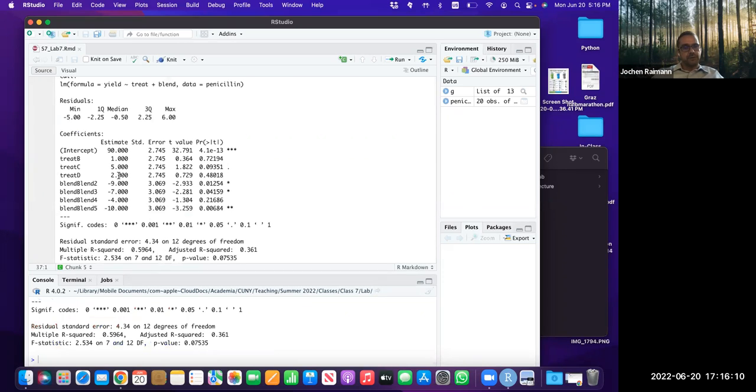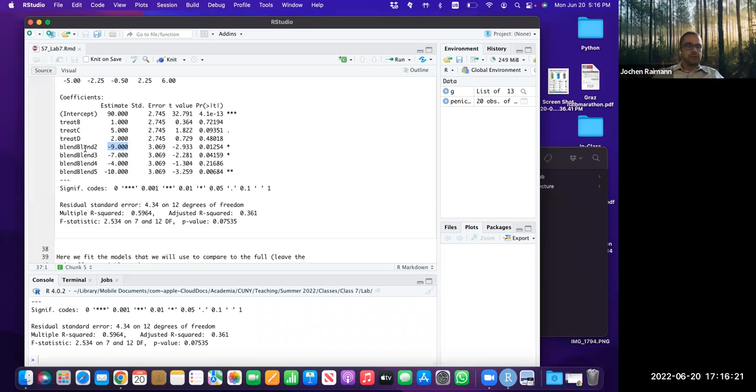In addition, you also have the blends, where you see differences in reference to blend number 1. So you see that there are differences for blends 2, 3, and 5 as compared to blend number 1. But you don't have significant differences in terms of treatment.